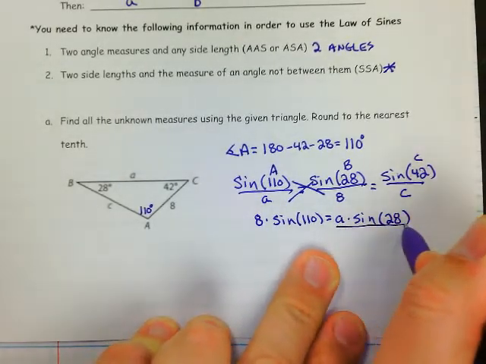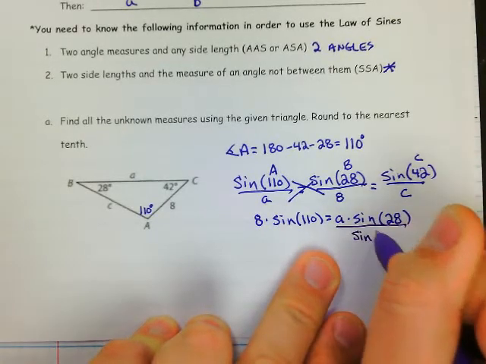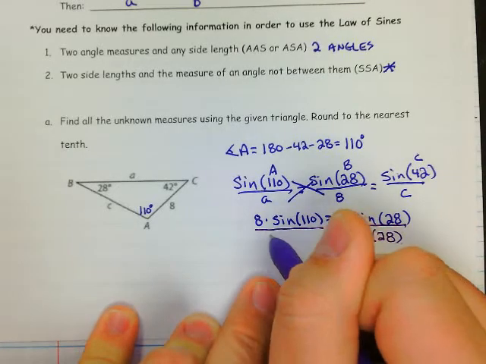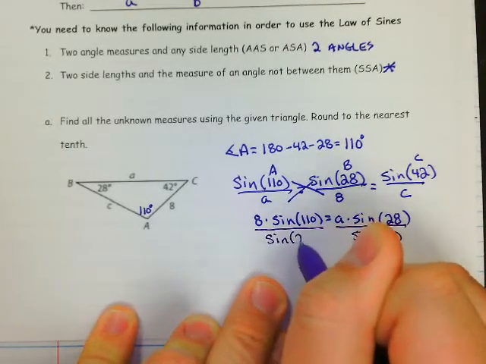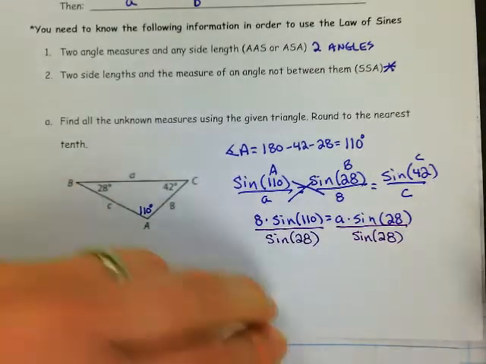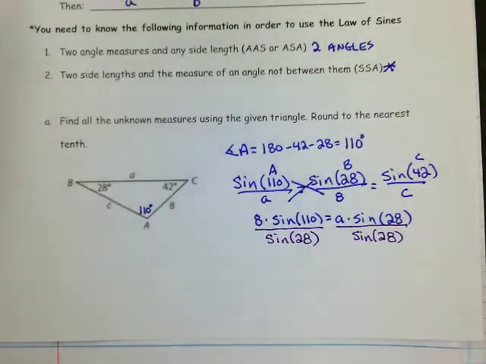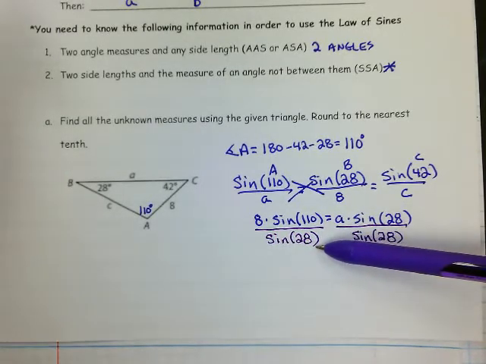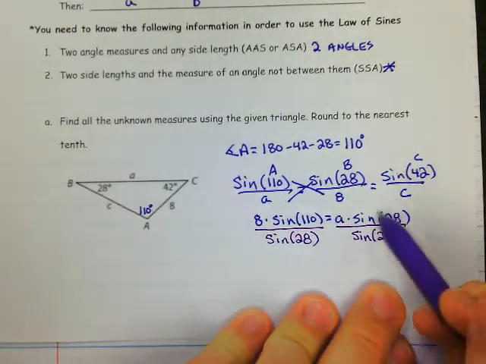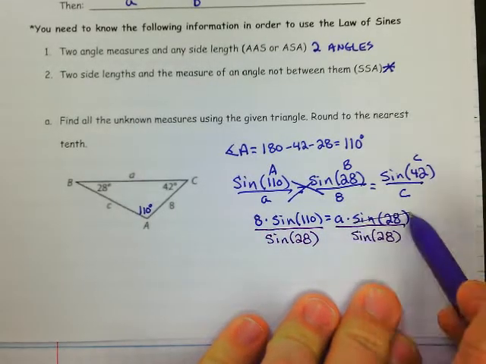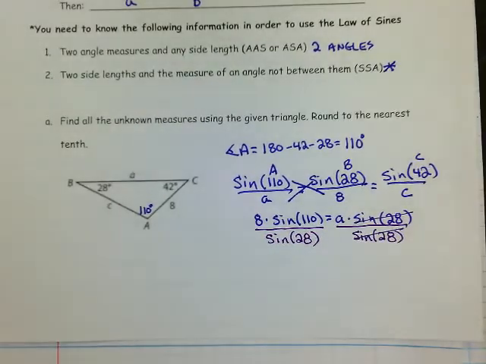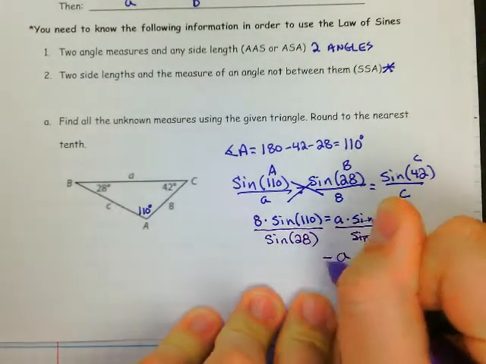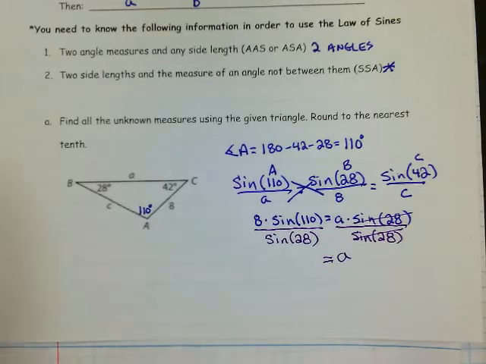We're going to divide both sides of our equal sign by the sine of 28. So, right there, 8 times the sine of 110 over the sine of 28. On this side, the sine of 28 divided by sine of 28 cancels because it's something divided by itself and equals 1. So all I have left here is A equals, now it's calculator time.